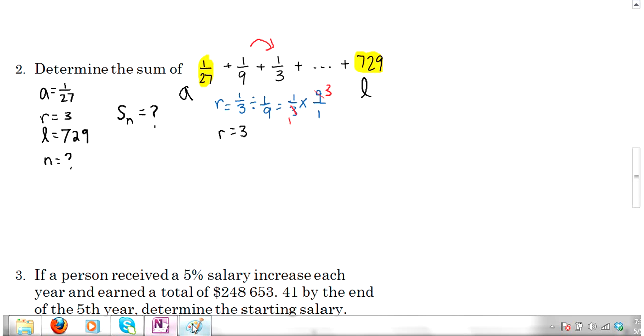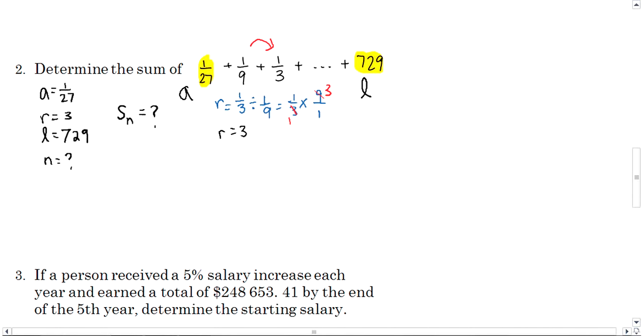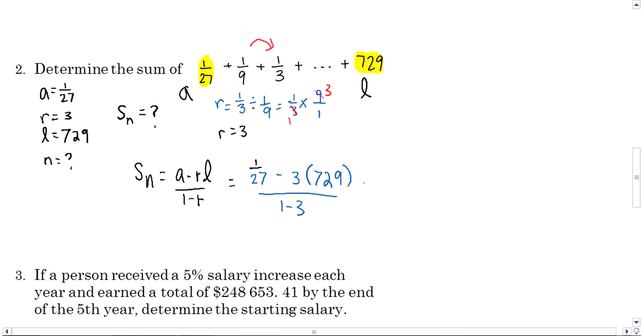So Sn equals A minus RL over 1 minus R, which is equal to 1/27 minus the ratio, which is 3, times the last term, 729, all over 1 minus 3.